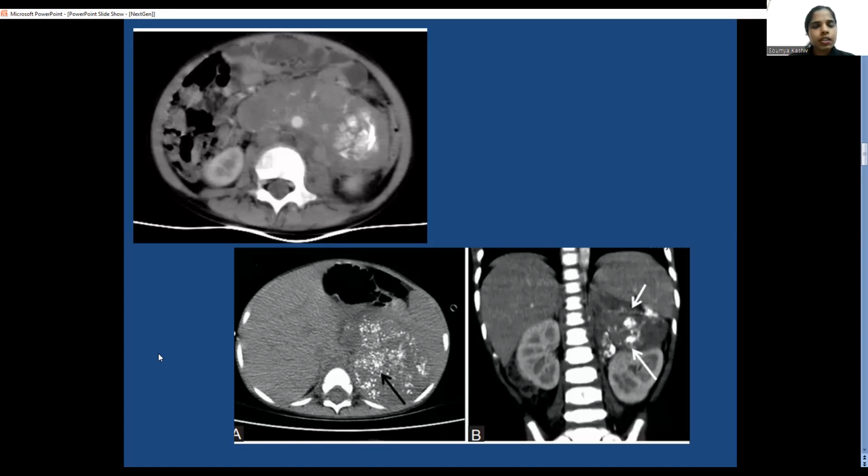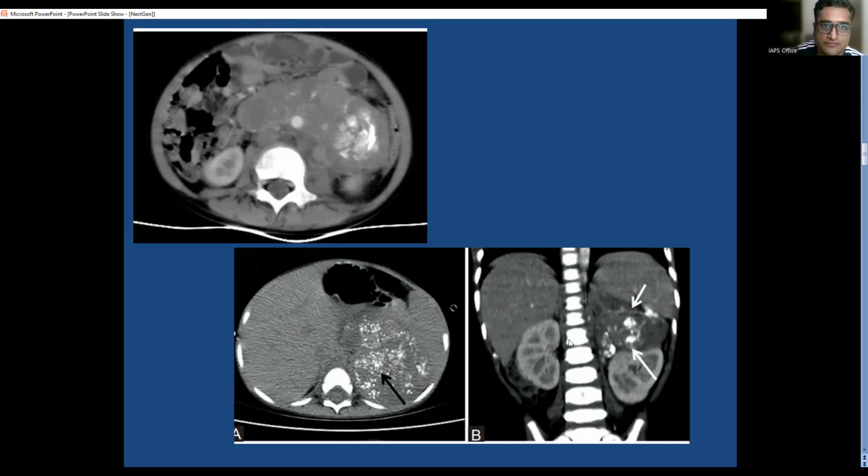In the first CT of the abdomen region showing axial section, I can see there is a mass on the left side of the abdomen, which has calcification. There is again encasement of the vessel. So it looks again like neuroblastoma itself, sir. And crossing the midline.